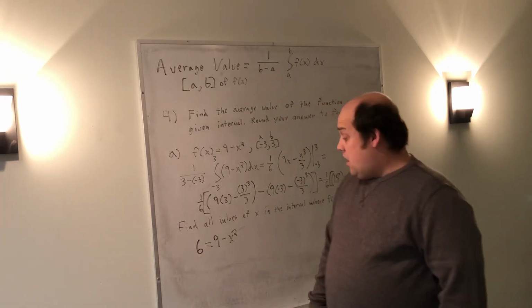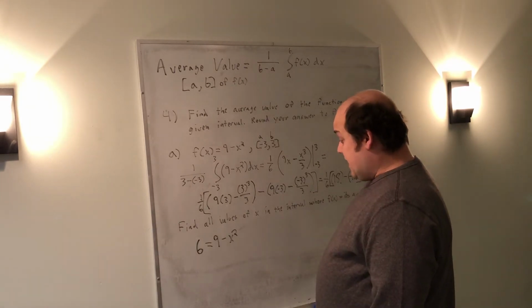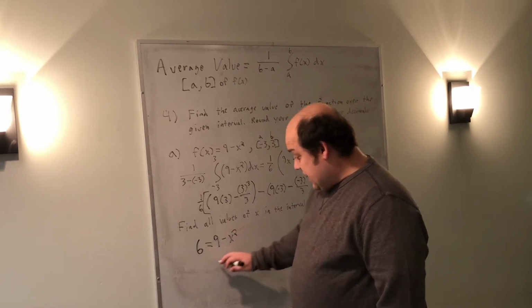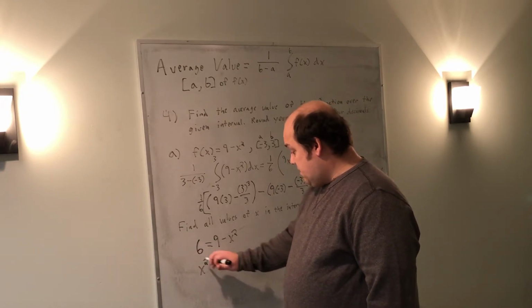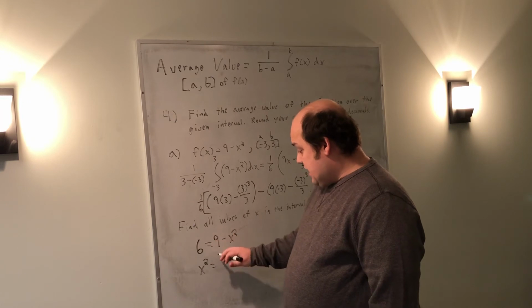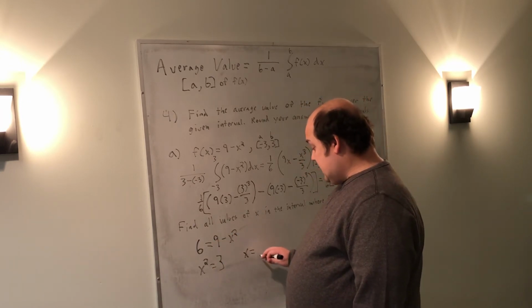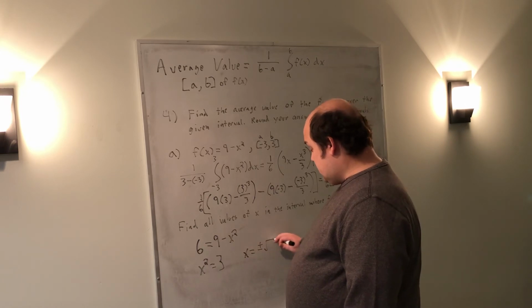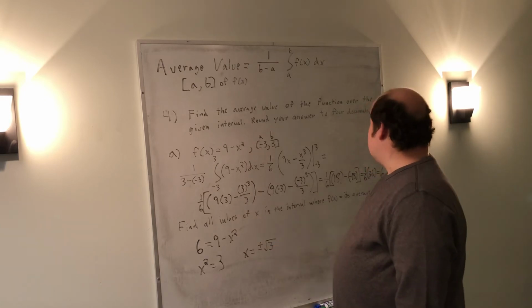If I can just solve this equation, that's going to tell me every answer that's possible. So I'm going to take the x squared to this side to make it positive. I'm going to take minus 6 over here and get 9 minus 6 is 3. My final answer is then going to be x equals plus or minus the root of 3. These are the two values in the interval.